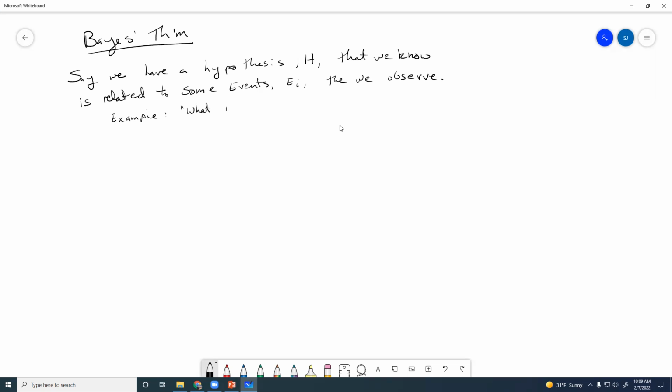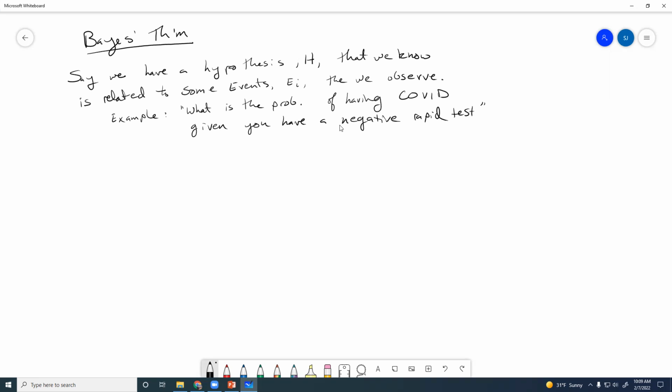What is the probability of, just a very contemporary example, having COVID given you have a negative rapid test? Sure, everyone has probably at this point taken a rapid test and tried to figure out what that actually means.